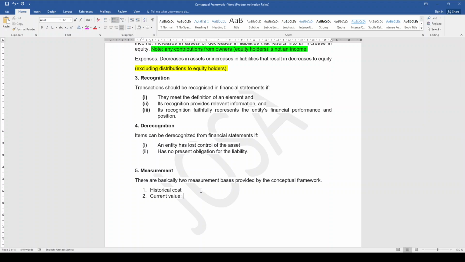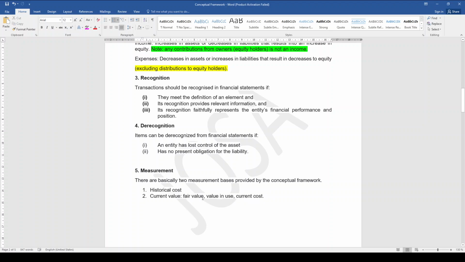So we are saying we have the fair value, we have the value in use, then we also have the current cost. So you shouldn't confuse these three current value methods provided by the conceptual framework under its current value basis.